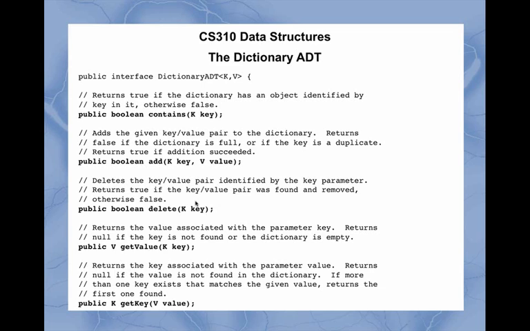Then we have delete. So given a key, find the key-value pair and remove it. Get value. This is a standard lookup. This is generally quite fast. Given a key, find the value that maps to it or is associated with it, or null if it's not in the dictionary. Get key, again, is a reverse lookup.